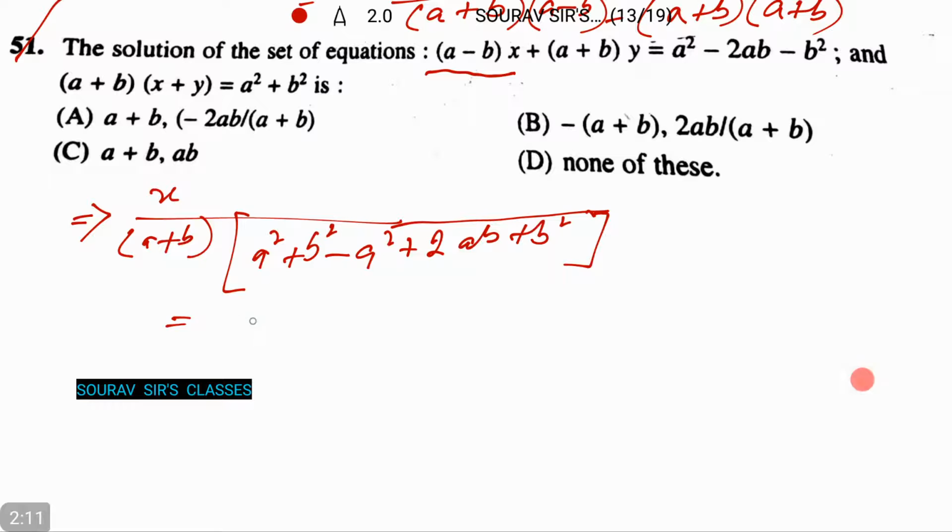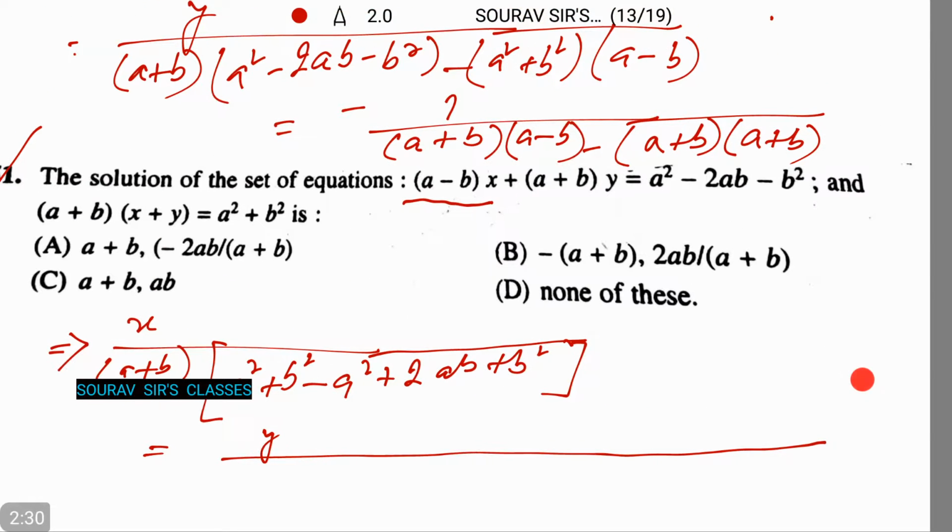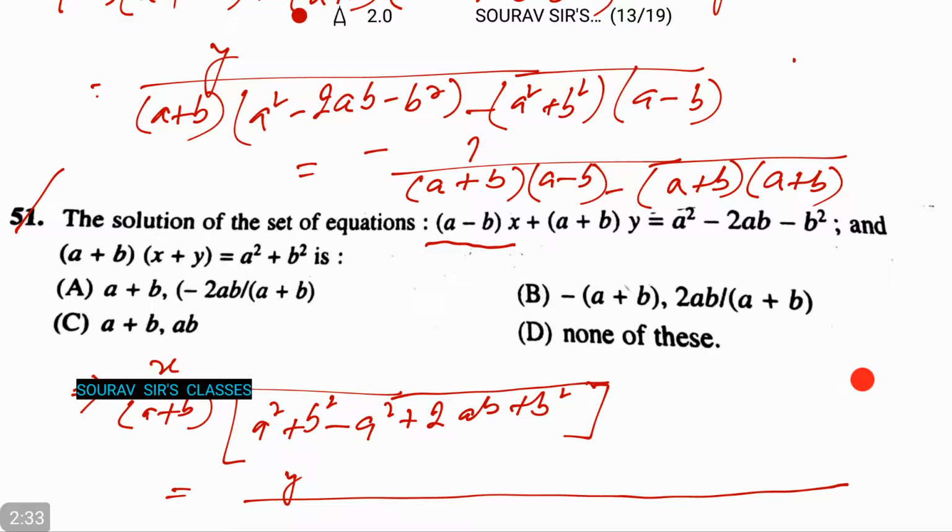which is equal to y by, be ready for a big denominator. The trick to solving these problems is just plain simple concentration. If you concentrate, you won't miss out any terms, and if you don't, you have a high risk that your entire sum will go wrong.